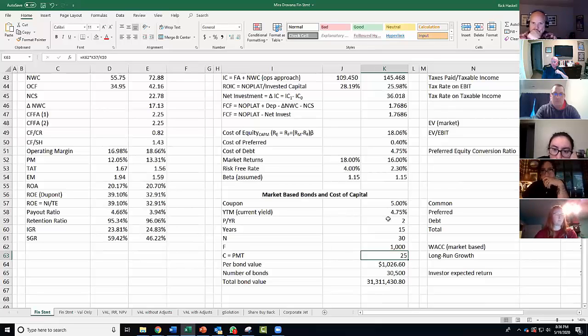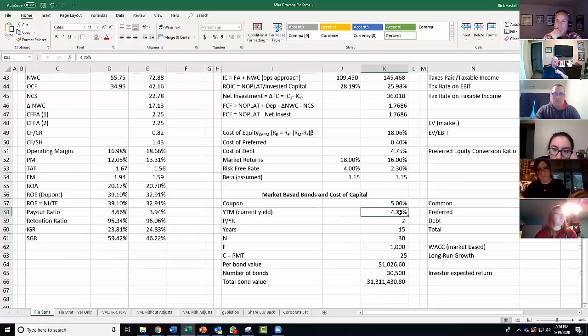So that's C. YTM, or the current yield on an annualized basis, is 4.75% in this case. So we're saying that bonds were issued at 5%, but interest rates have gone down a little bit in the interim, okay? But there's 2 periods per year. There's 15 years left to maturity, $1,000 face value.